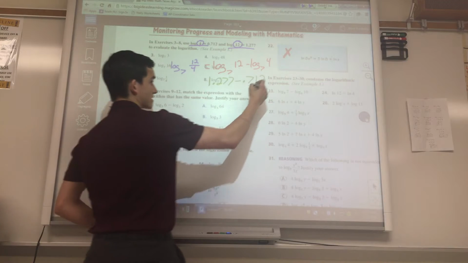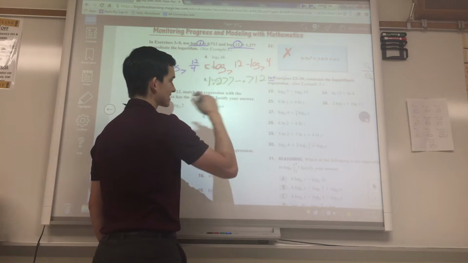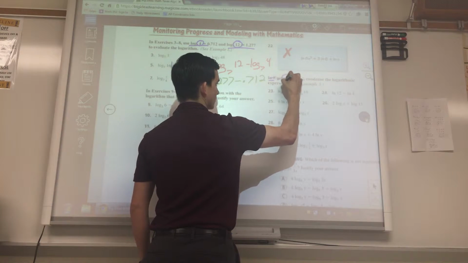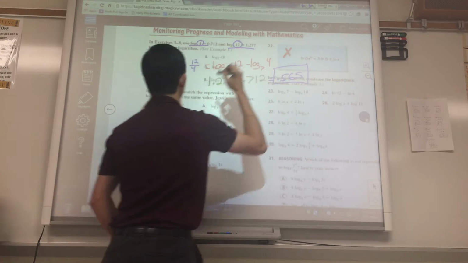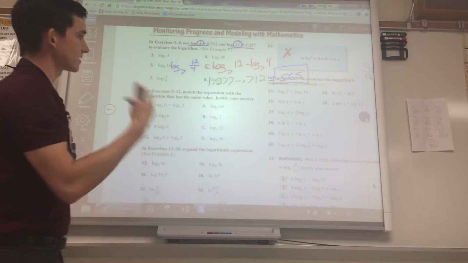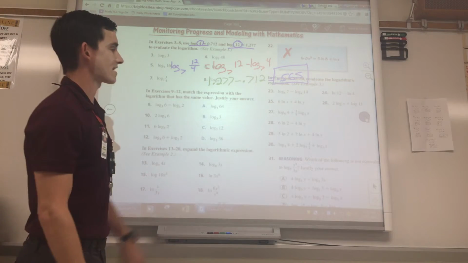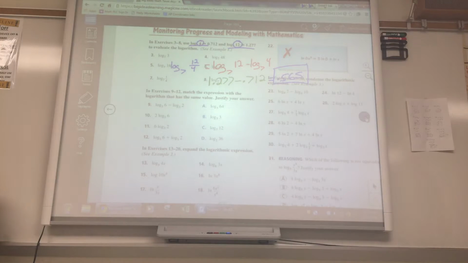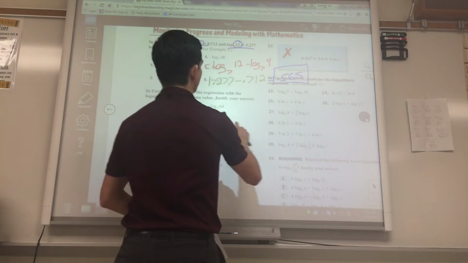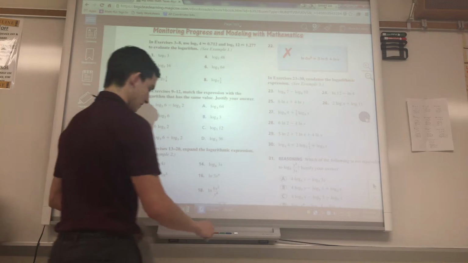So if I subtract these from each other, I get, I think, 0.565. So that would mean log base 7 of 3 is 0.565. I might be off just by a little bit because I'm going based on memory. I actually worked all these problems over here, so maybe I'll just hold this in front of me as I do these. Okay, so next one.